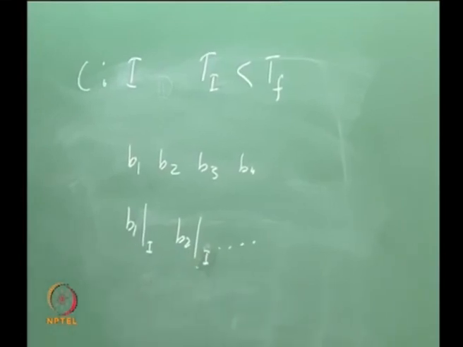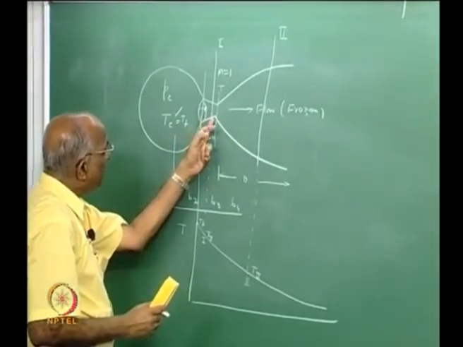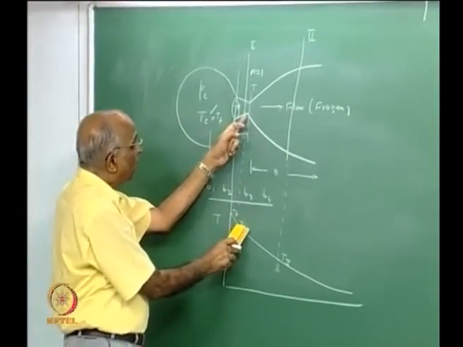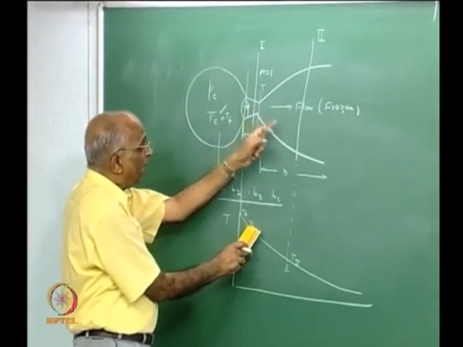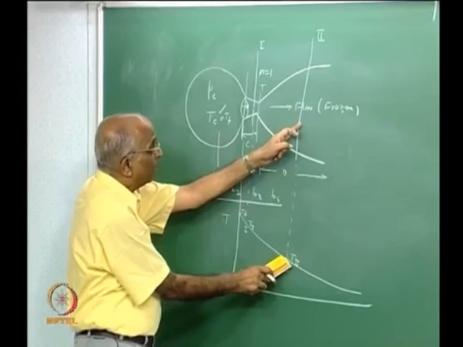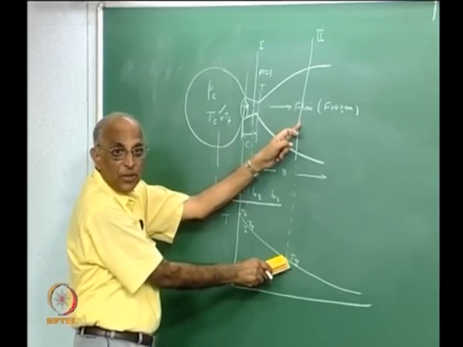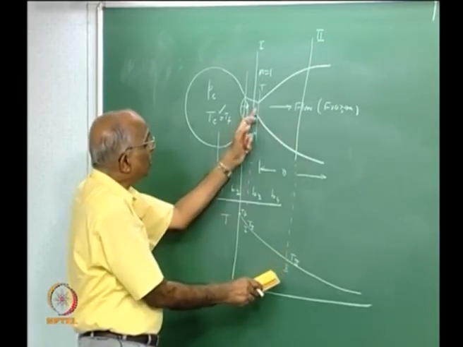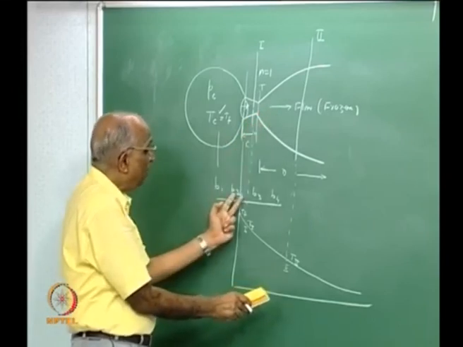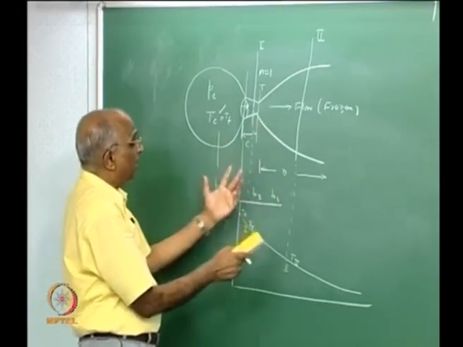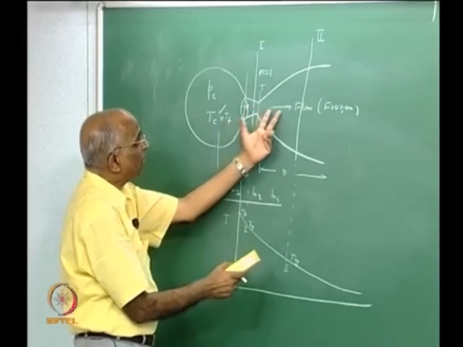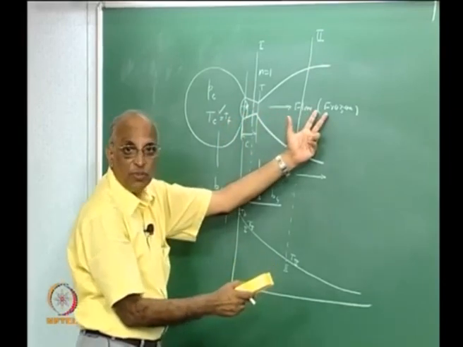In practice, as the temperature gets lowered I will get a new composition here, and when it has expanded quite a bit maybe the composition will be totally different. In other words, the composition of the products B1, B2, B3, B4, whatever it be for a given reaction, will keep on changing as the flow takes place.